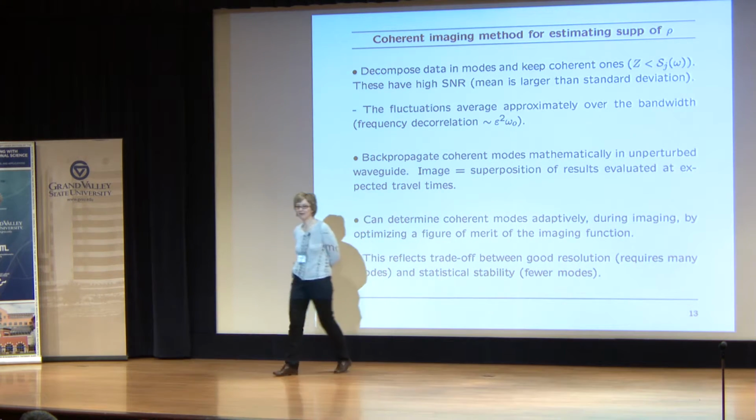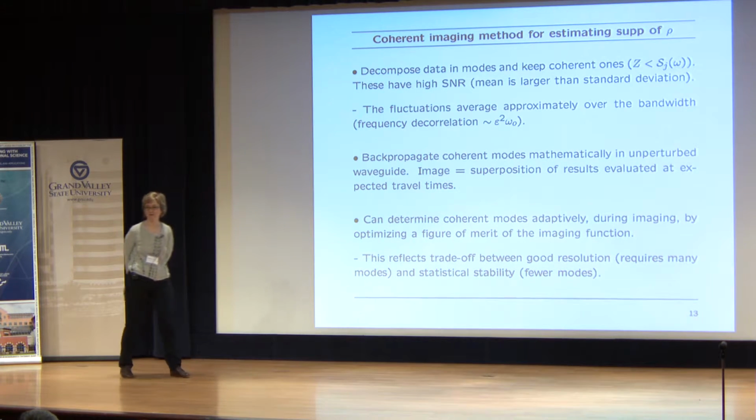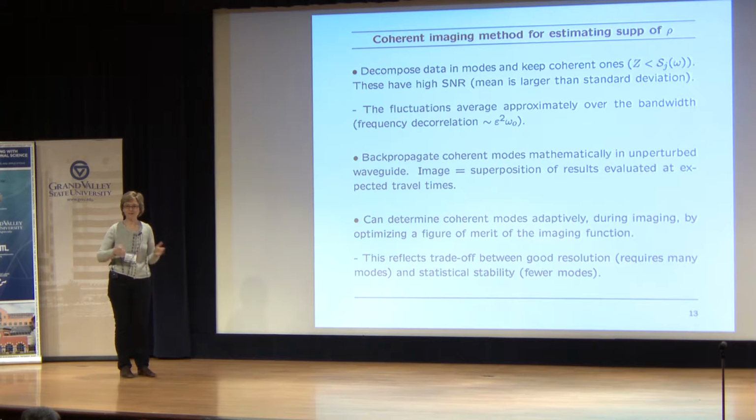So if you have a bandwidth that is bigger than this epsilon square, then you are adding uncorrelated things, and just like in the law of large numbers, you are achieving self-averaging. So that's the idea, if the mean is large enough.